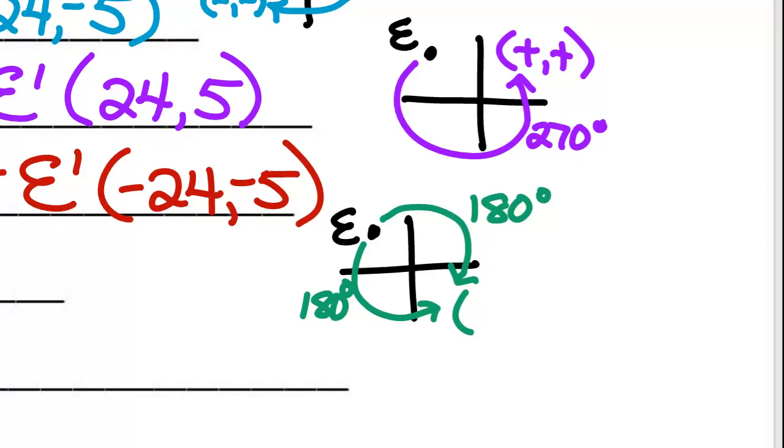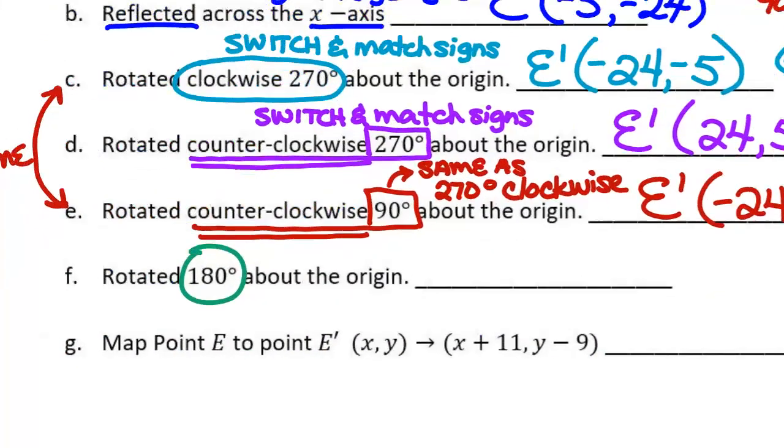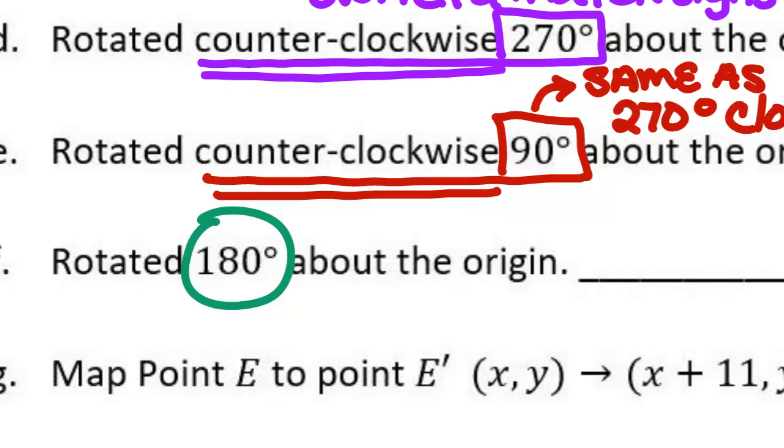What are my signs looking like in that quadrant? Positive x, negative y. Do I reverse the order when it's 180? No, this is going to be same order as original point.